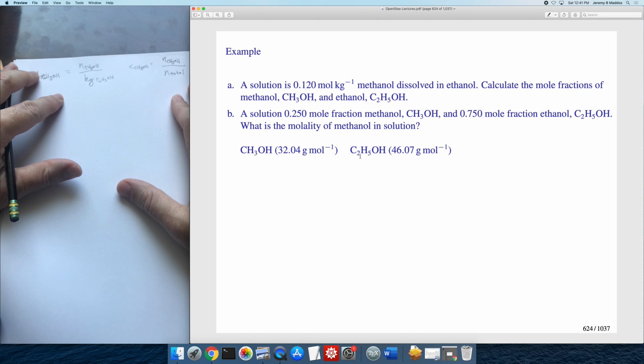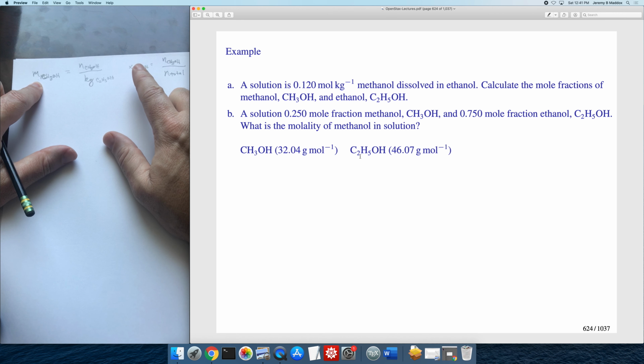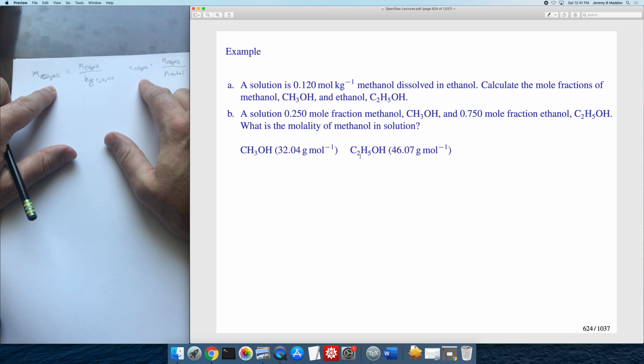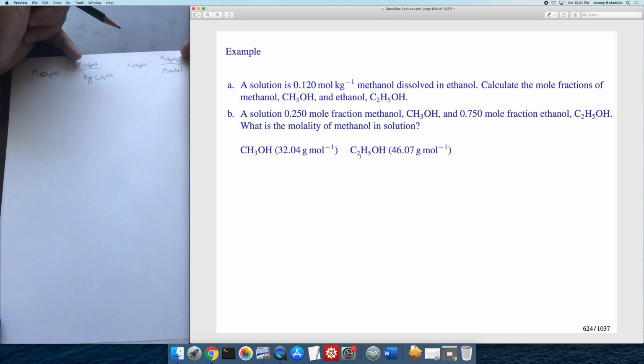So we're given this, we know that number, and we're being asked to calculate this number. And what I want to point out is that the two equations have something in common. The numerator is the same in both.